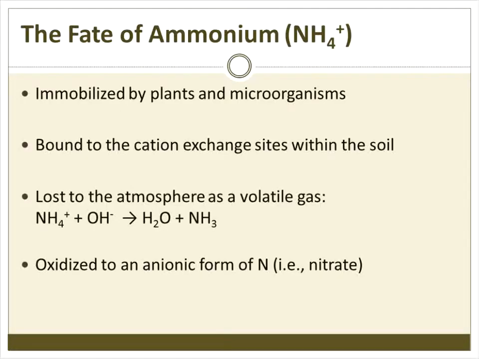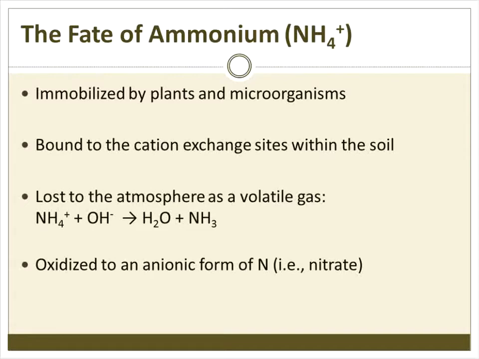So the ammonium that is produced in the soil can be immobilized by the plants or microorganisms. It can be absorbed. It can be bound to cation exchange sites, and I mentioned that earlier. It can be lost to the atmosphere as volatile gas, and so we talked about that process, volatilization.